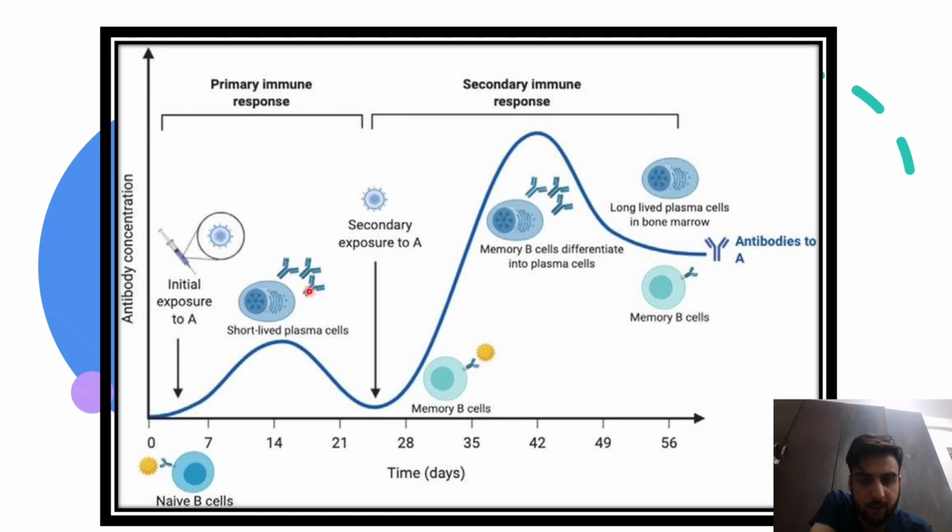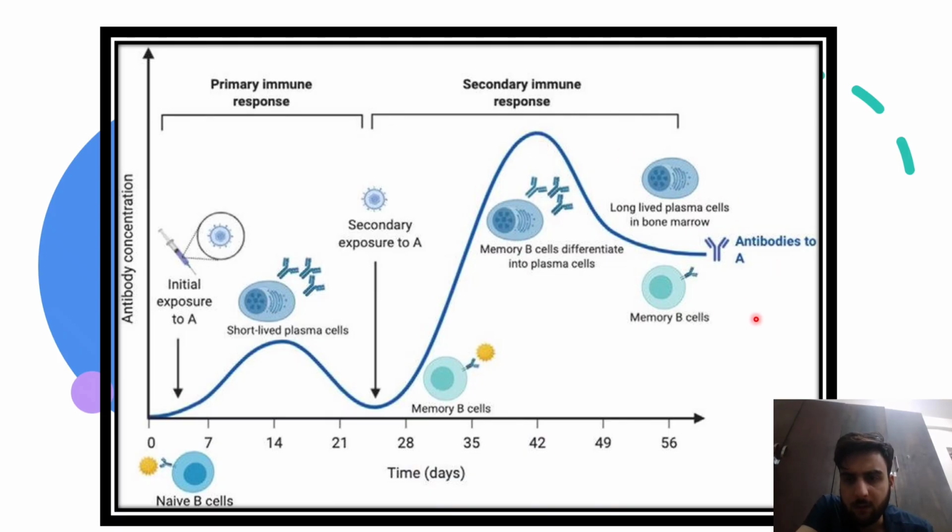And when there is a second exposure to the same pathogen, how will it respond? There will be an abrupt, higher response, where the memory B cells that are already there will differentiate into plasma cells and produce the antibodies, and the titer of the antibodies will be much higher at this level.